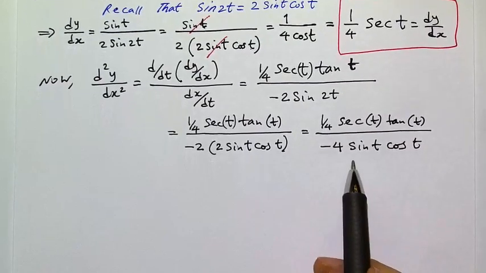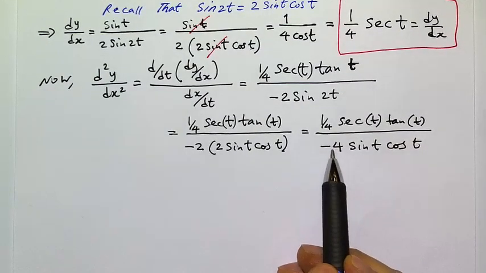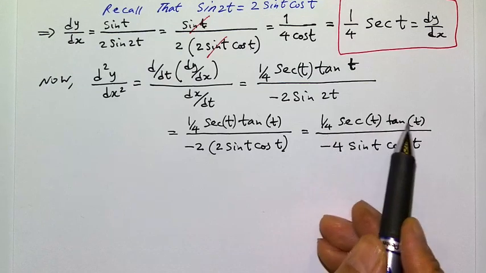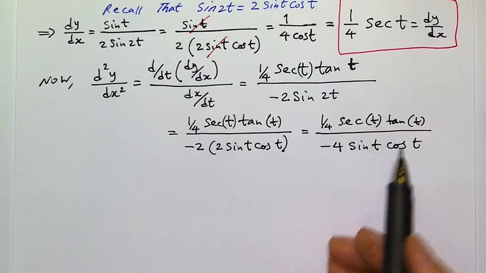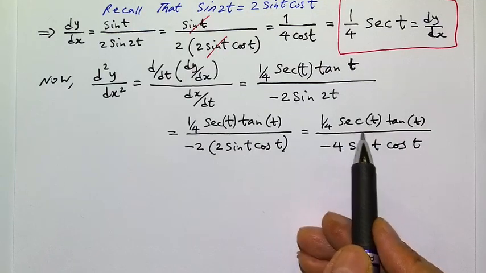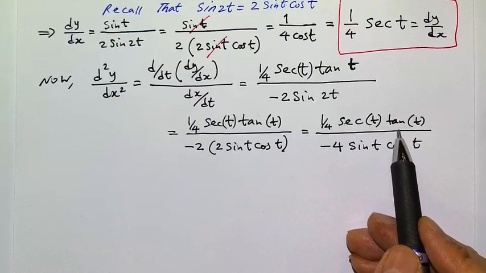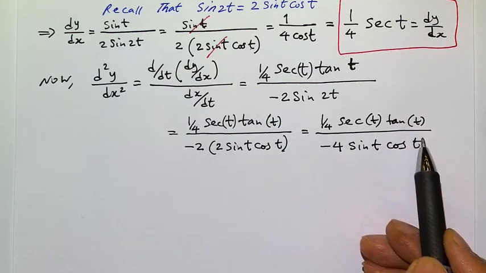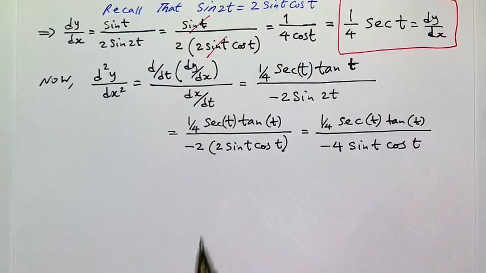All right. So we can still simplify this because we still have a complex fraction, and there's a bunch of other things we can simplify. If we rewrite secant t in terms of 1 over cosine t and rewrite tangent of t in terms of sine t divided by cosine t. So let's do that.